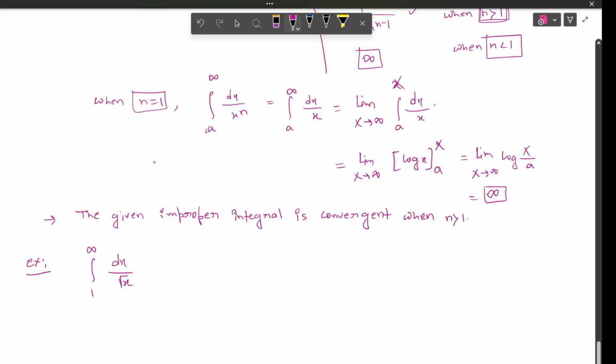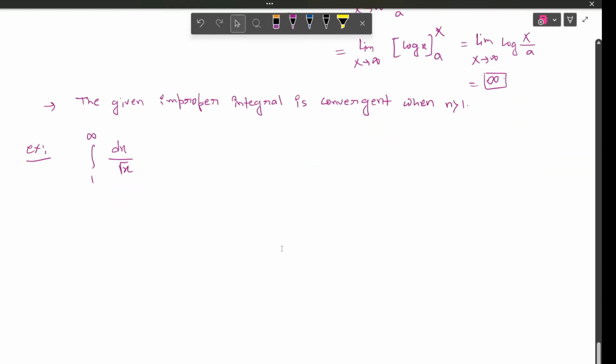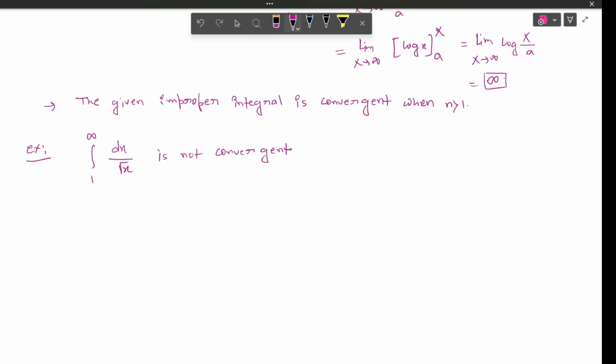So half means n is less than 1. So if n is less than 1, then it will be infinite. That means not convergent, right? It's very easy. What you have to do is remember the types. So this is not convergent as n is half, which is less than 1, right?